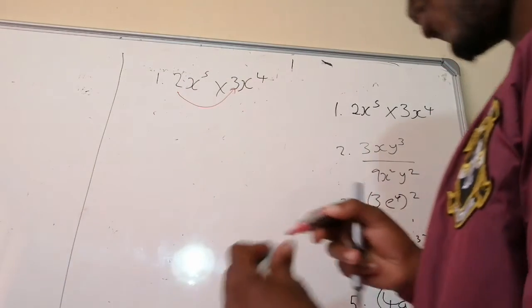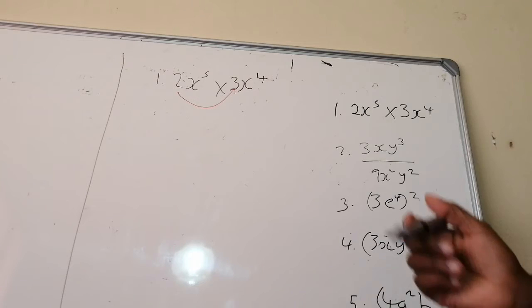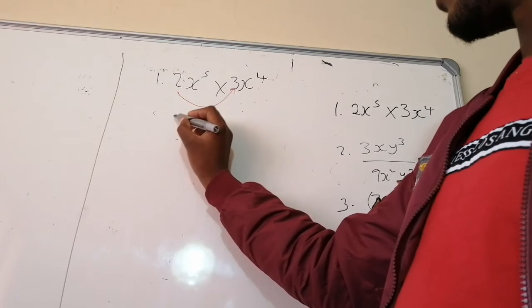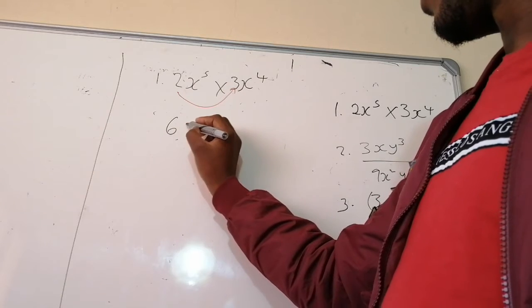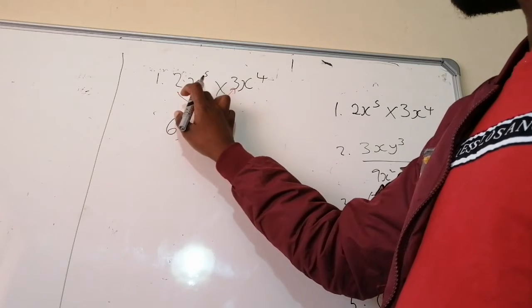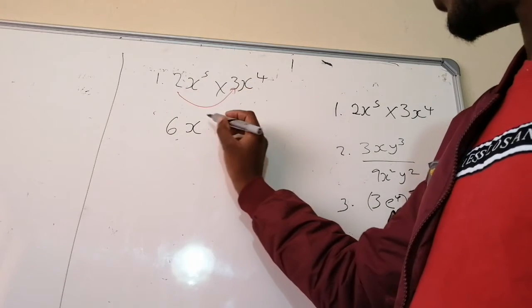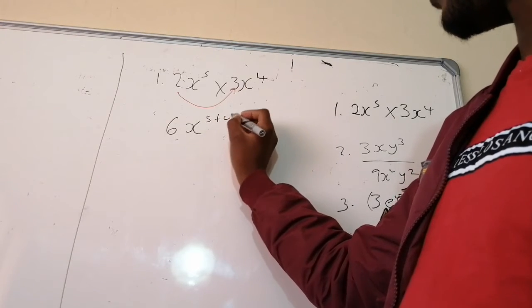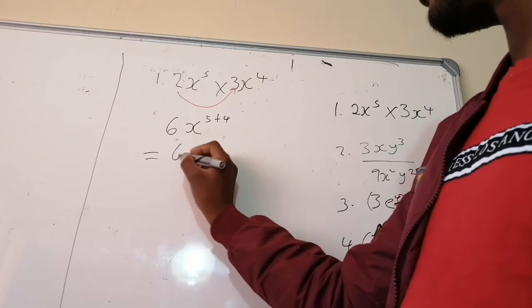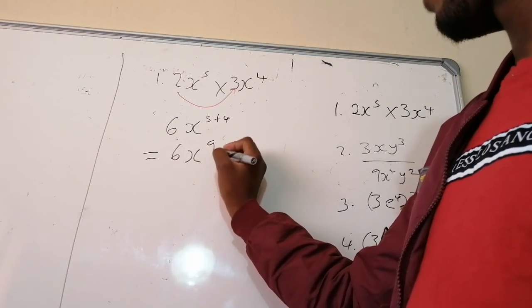This number is called the coefficient. I remember we discussed this. So this is 2 times 3, which is 6. Now x and x have the same base, so we can add the exponents, 5 plus 4. So that is equal to 6x to the power 9.